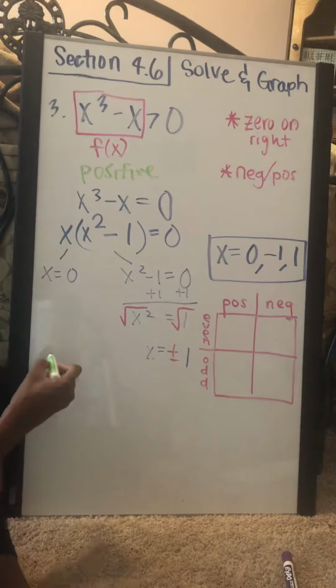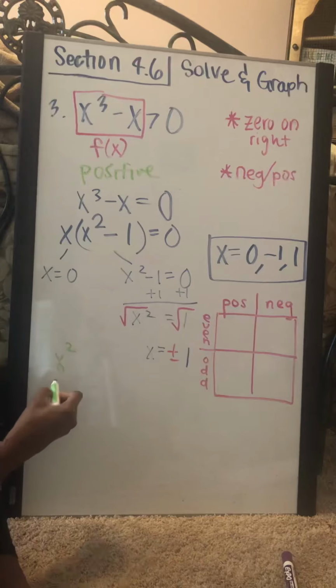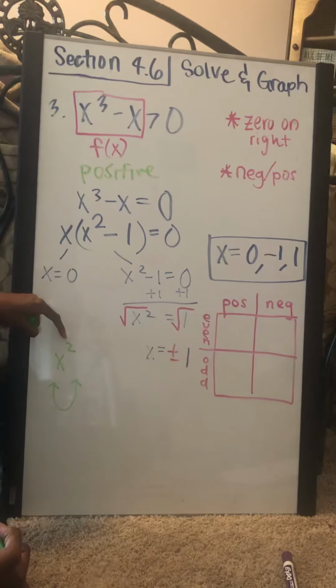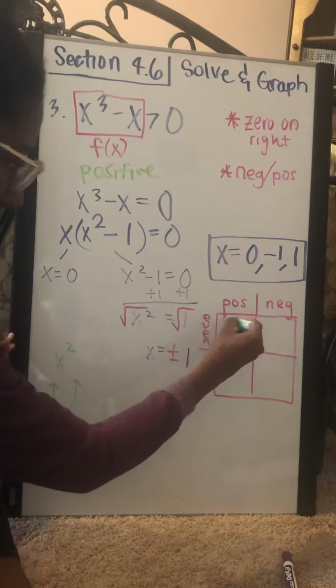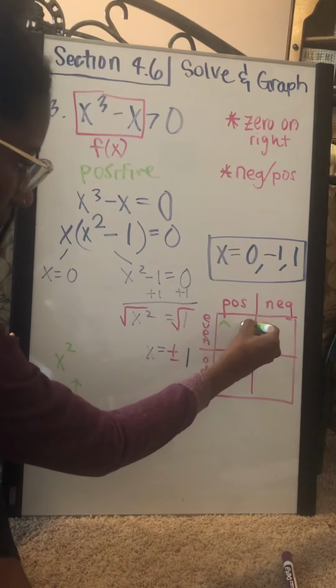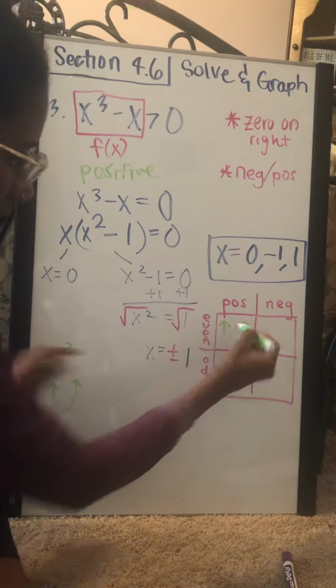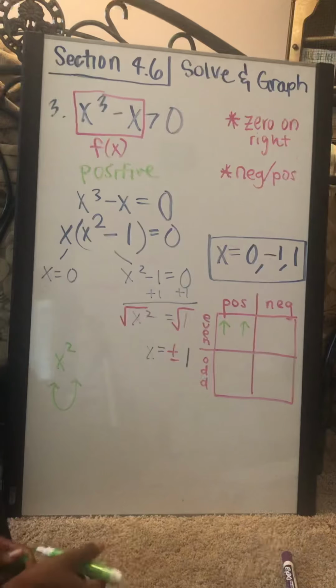Just looking at examples, let's start with x squared. We know that x squared looks like this parabola. The highest power is 2, it's even, and it's positive. So you see the end behaviors, they're both pointing up. When it's even and positive, they're both pointing up, and you don't know what's going on on the inside.